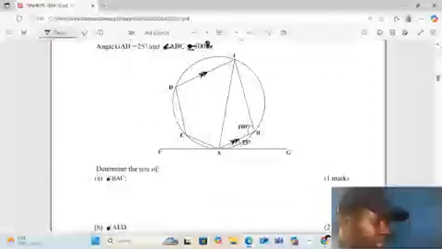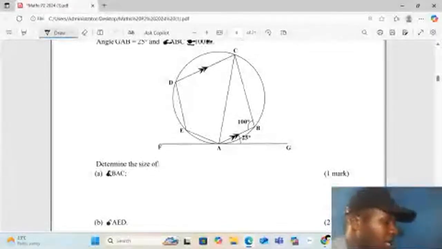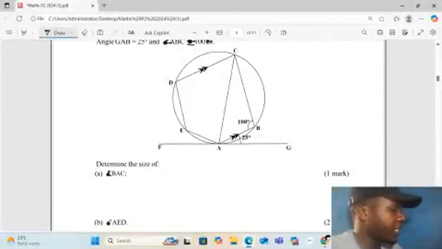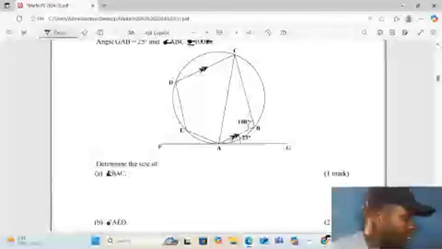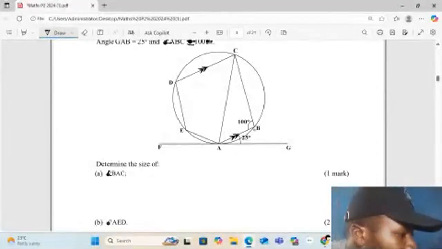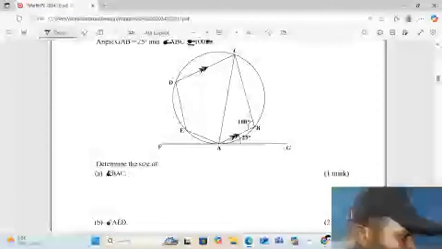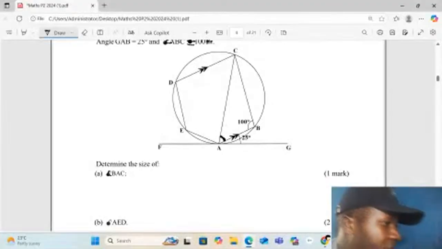Now determine the size of angle BAC. This is the angle that they want us to find.